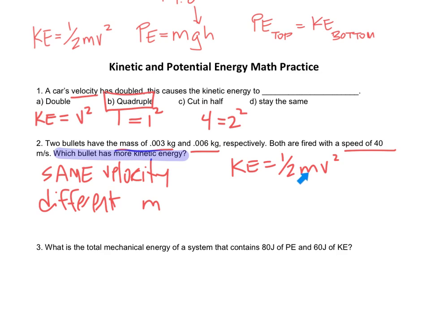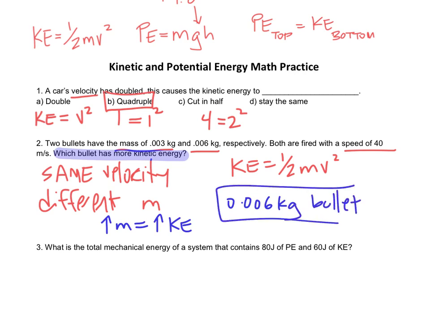We talked about this in the notes: as I increase the mass, I increase kinetic energy. There's a direct relationship between mass and kinetic energy. So when the mass goes up, that leads to an increase of kinetic energy. Now all you have to do is identify which bullet has the greater mass, and you'll notice that it's the 0.006 kilogram bullet that has the most mass, therefore it has the most kinetic energy, considering they're both going the same speed.